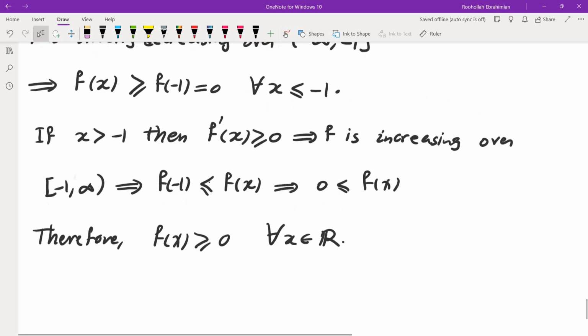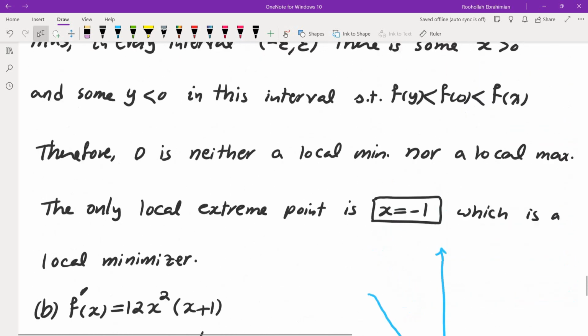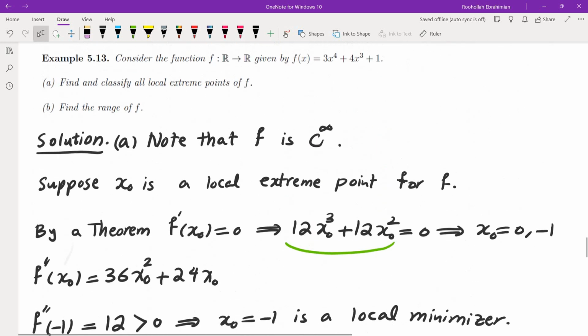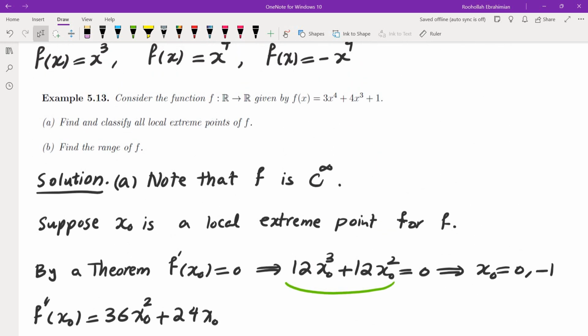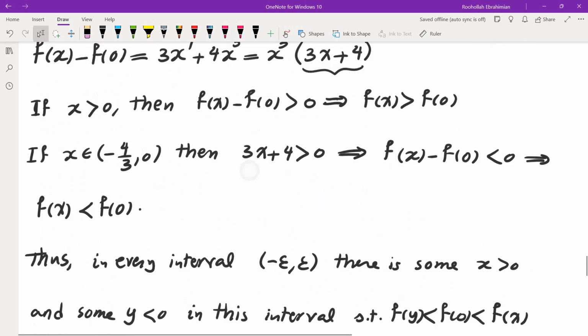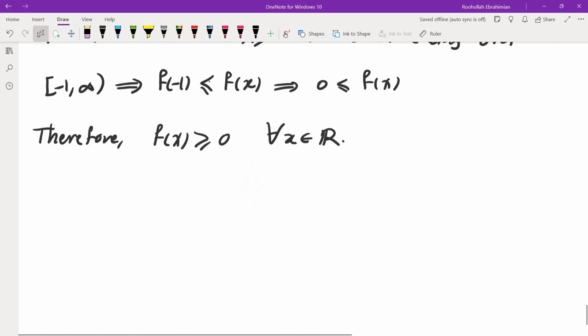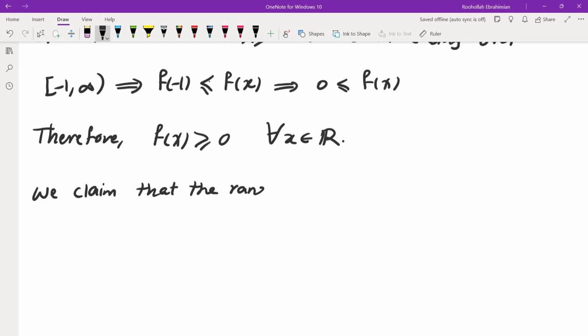So now, intuitively, if you look at the function, when x goes to infinity, this actually does go to infinity. So it looks like the range would have to be all non-negative real numbers. So let's go ahead and prove that by the IVT. We claim that the range is 0 to infinity.